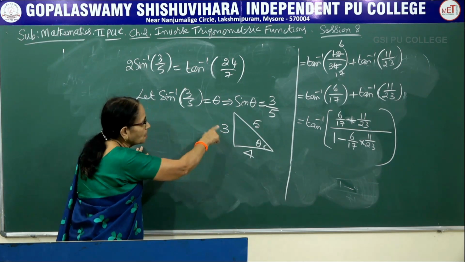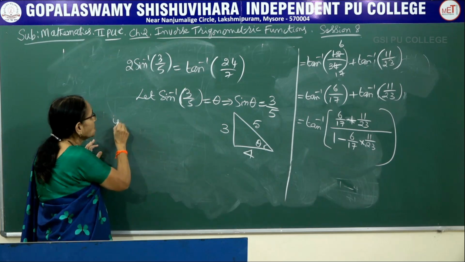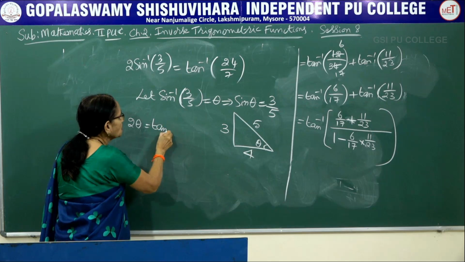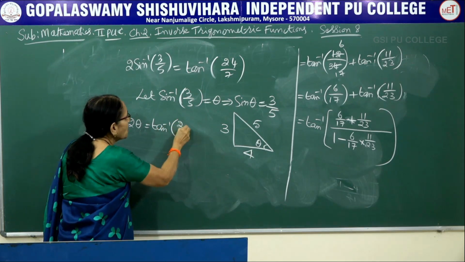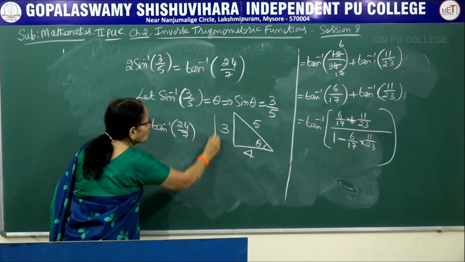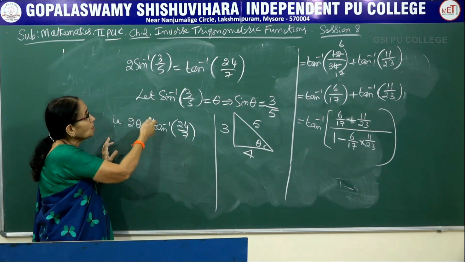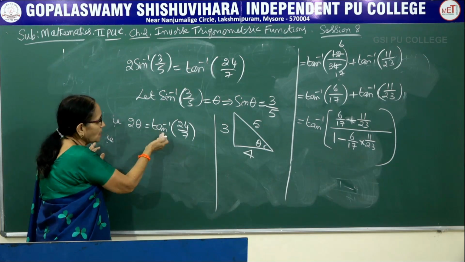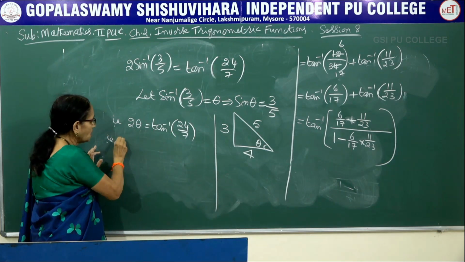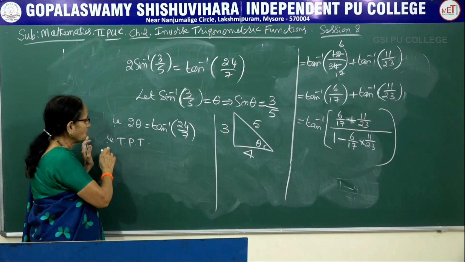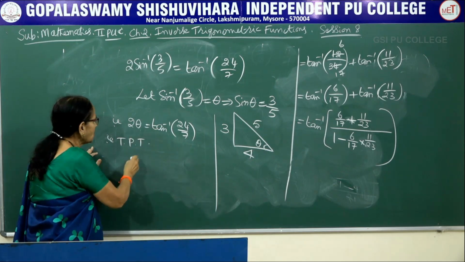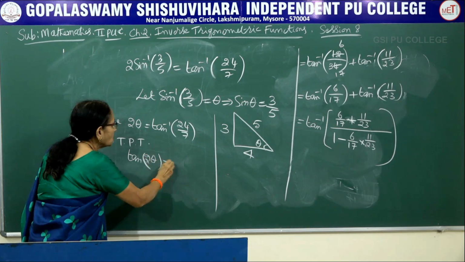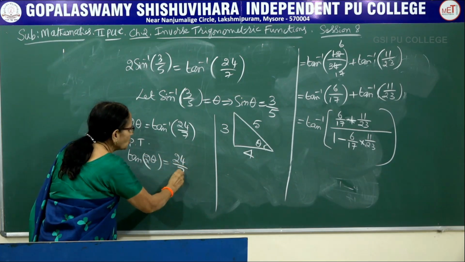Now after this assumption, let us see what has happened to the problem. It is 2 theta is equal to tan inverse of 24 by 7. So now the problem can be rewritten like this. Ultimately we have to prove that, taking tan to the left hand side, tan of 2 theta is equal to 24 by 7.